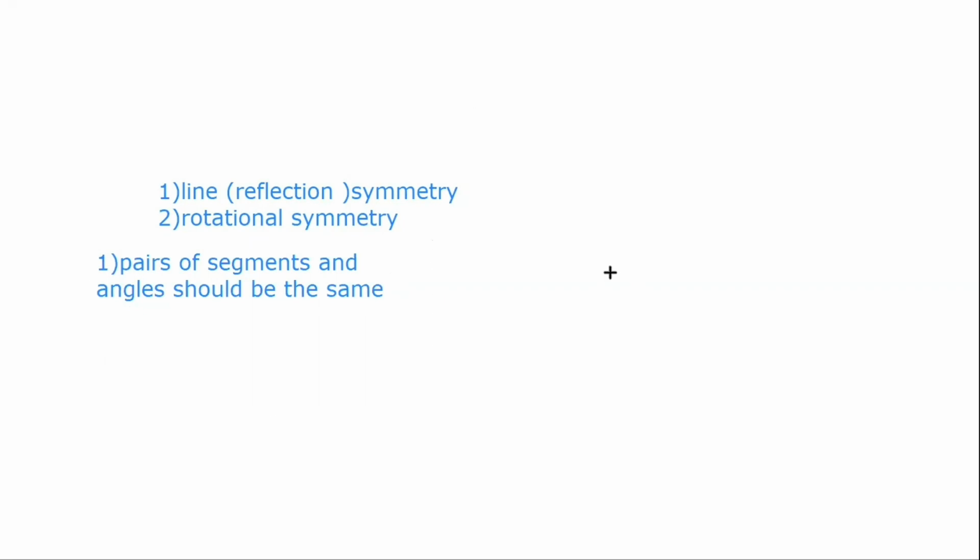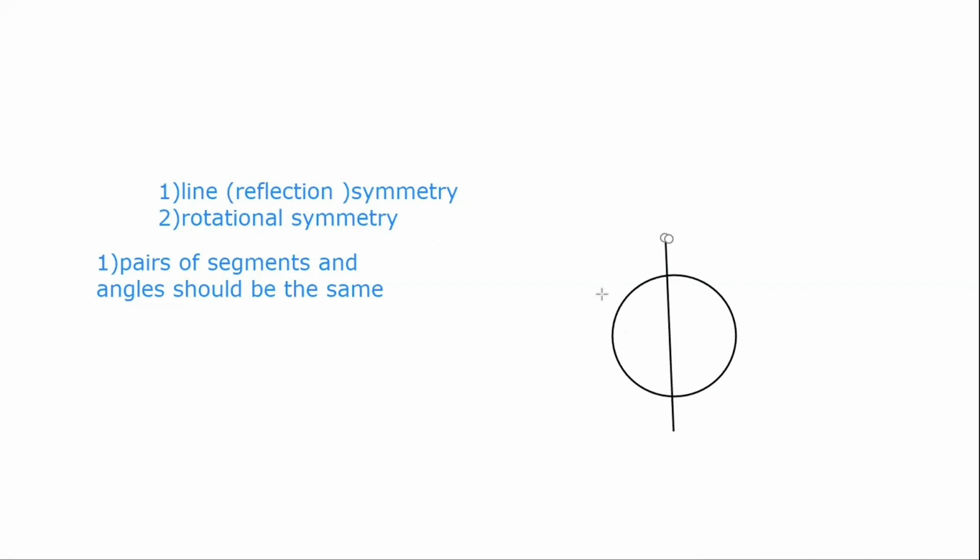What if we have a circle, for example, and you try to draw a line of symmetry? Let me ask you, if we have a line passing exactly in between, is this a line of symmetry? It should be exactly, of course.